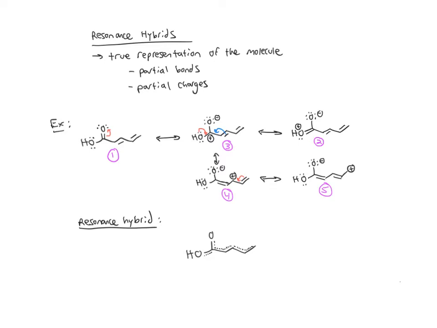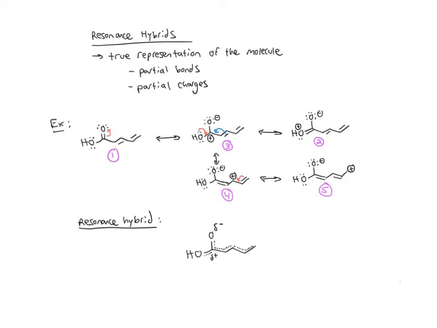And how we show that is with this delta to represent partial charge, and then we put a minus to say it's a partial negative charge. So that's what we do with that oxygen. Then we're going to take a look at this carbon. We do see that it's positive in this structure. It's neutral in all the others, but because it's positive in this structure, that means it is partially positive. So we can go ahead and put a delta plus down there.